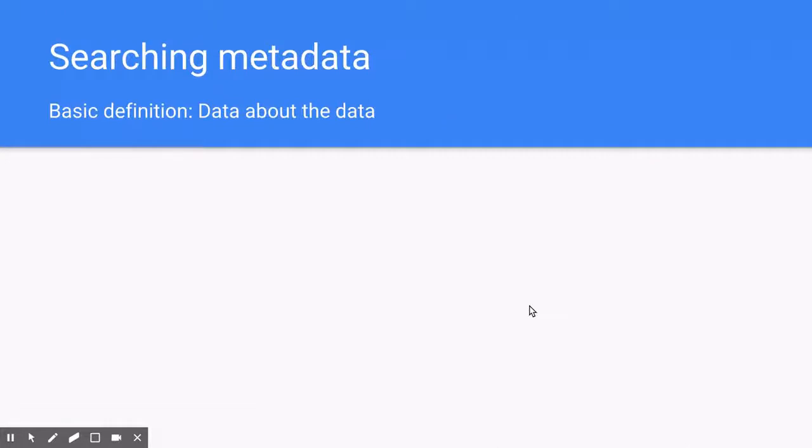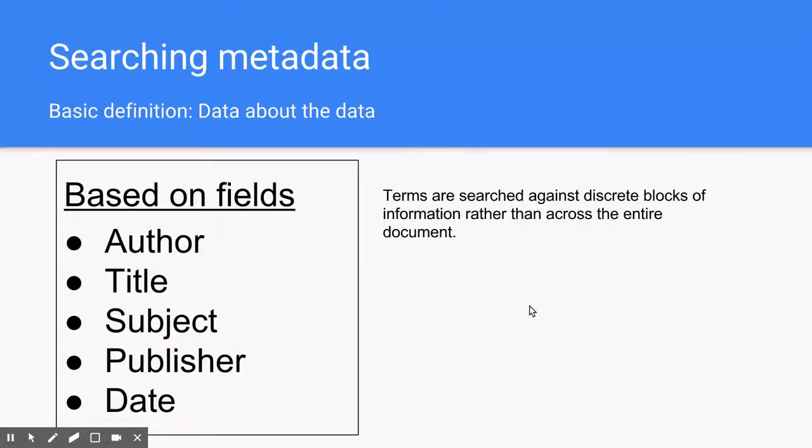Well, that's where metadata comes in. And as I mentioned earlier, metadata is data about the data. It's based on fields, discrete pieces of information with very controlled terms that are put in there. So when your search is not going against the entire full text, it's going on these very specific fields.